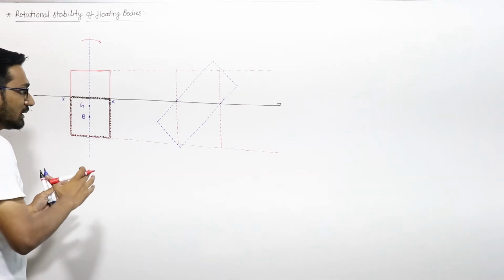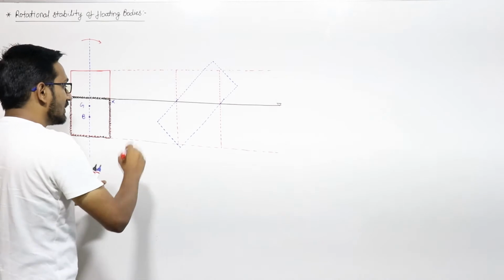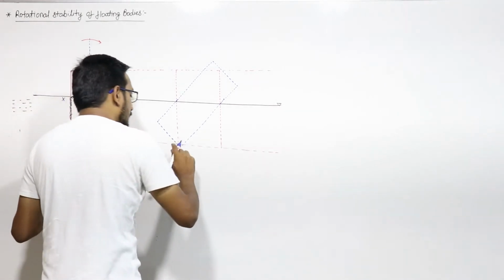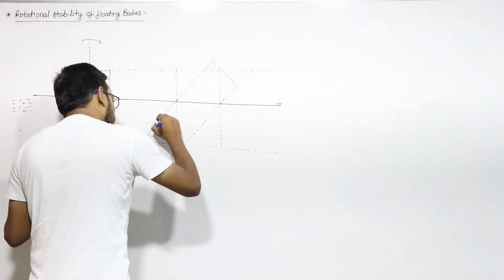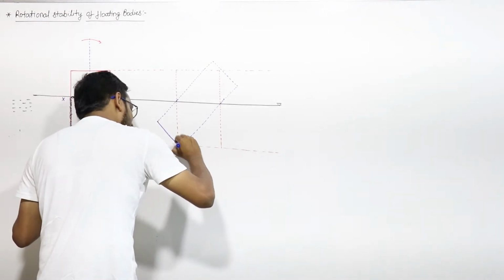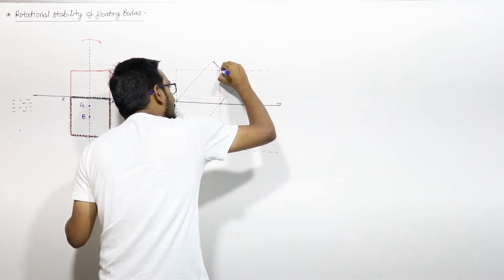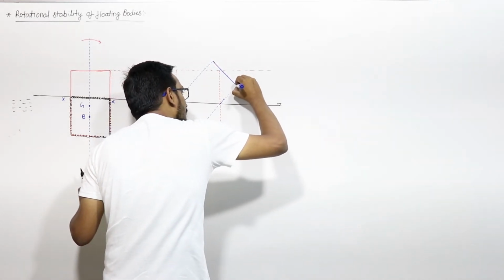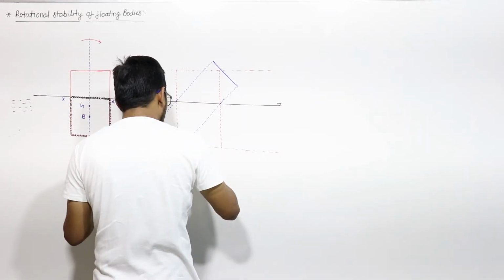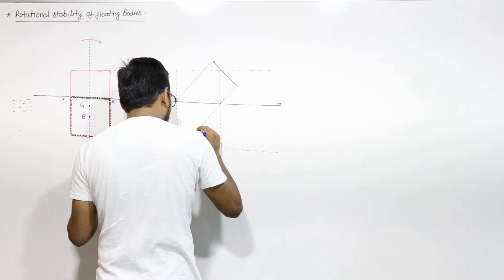So now the shape of the fluid changes. Now this is the body which is inside the fluid. So if I make it bold, this is the body shape which is inside the fluid when you tilt it, when you give it some rotational displacement or some rotational disturbance.